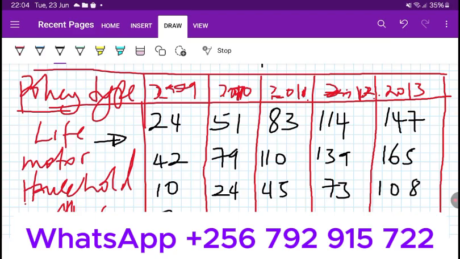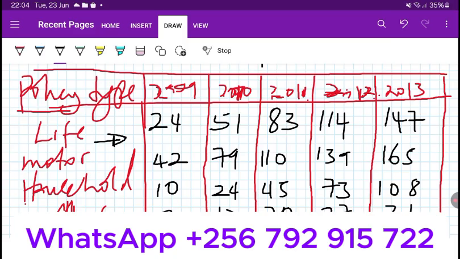So we go to others. Others, we had a 7, we had a 5, 8, 7, and a 4. So we get the 7 in 2009 plus 5, it gives us a 12. 12 plus 8, it's 20. 20 plus 7, that is 27. 27 plus 4, that's a 31.